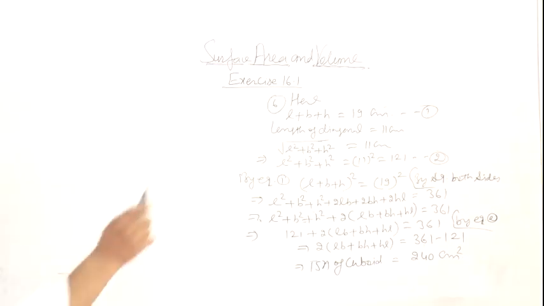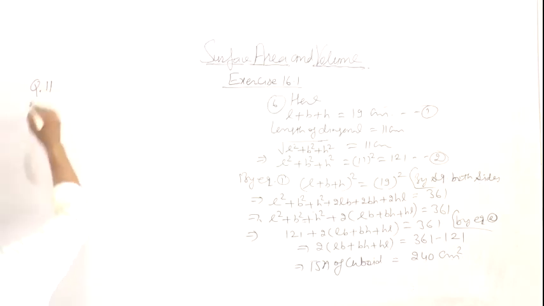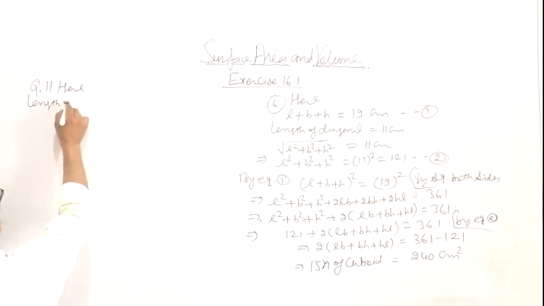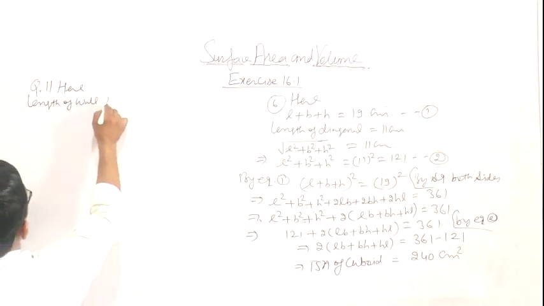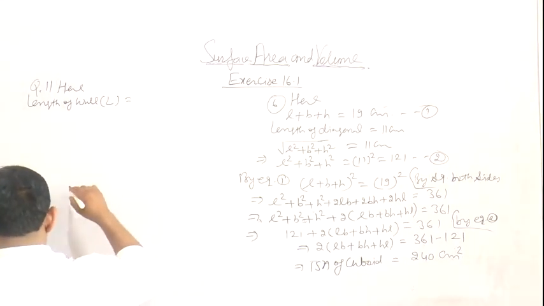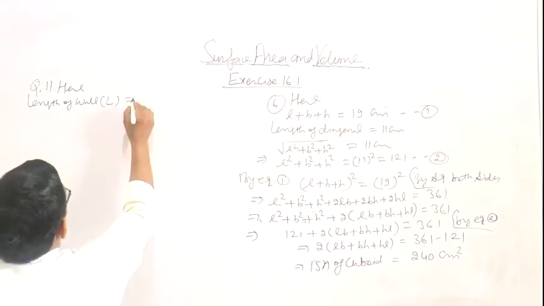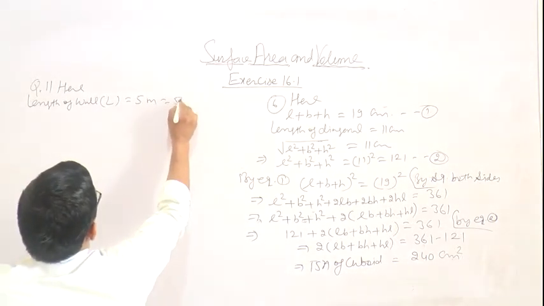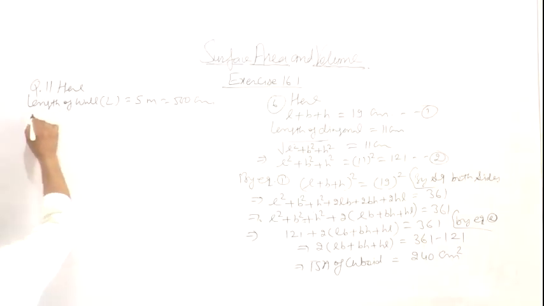So first we write the values given in the question. Length of wall, how many? Sorry, 5 meter. 5 meter is equal to 500 centimeter.